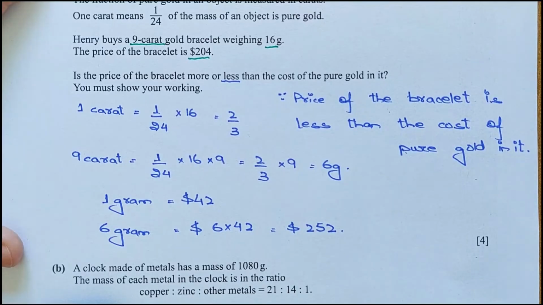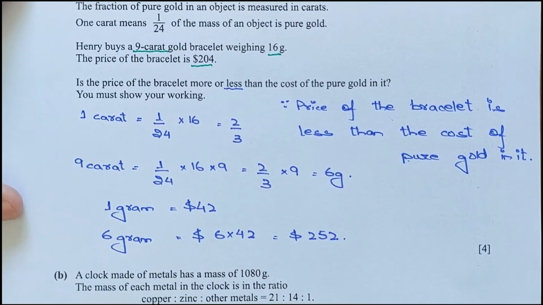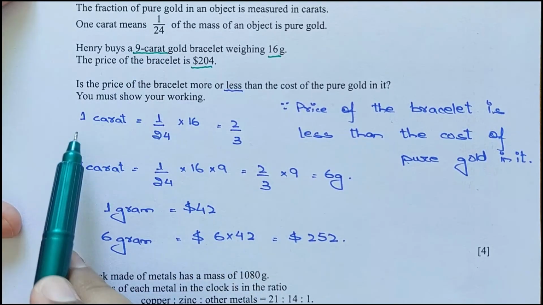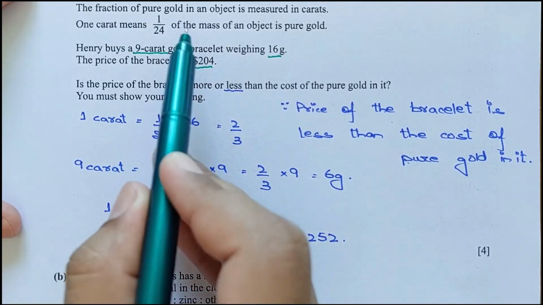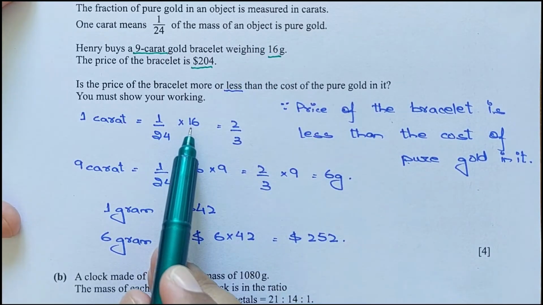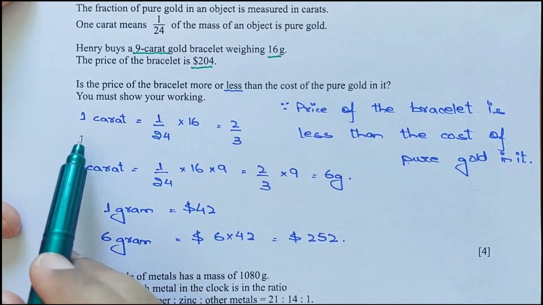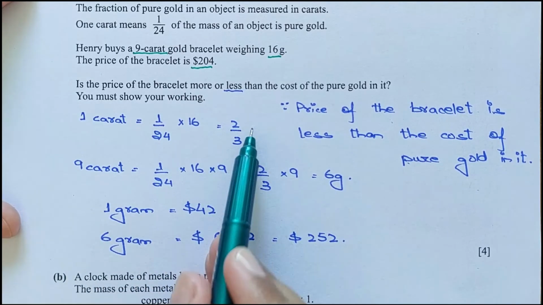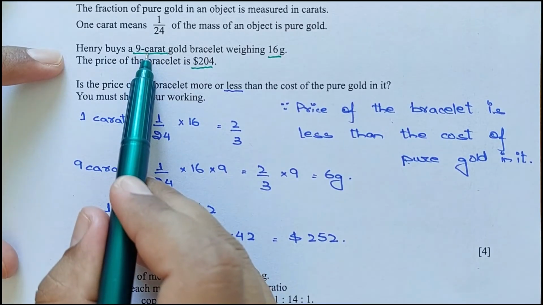All right. Let me explain one more time. In the question we are given that 1 carat means 1 by 24 of the mass of an object. The mass of the object is 16 grams, and that is pure gold. It means pure gold in 1 carat is this much. Now she buys a 9 carat gold bracelet.